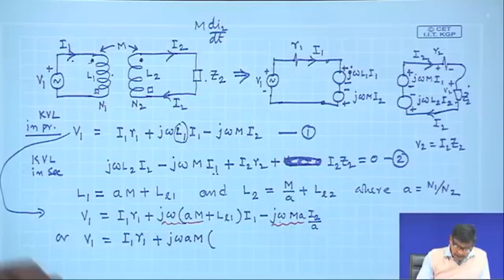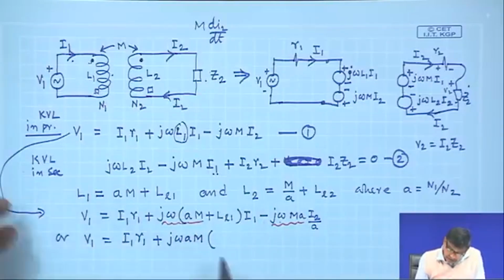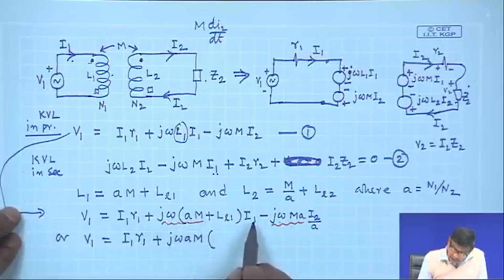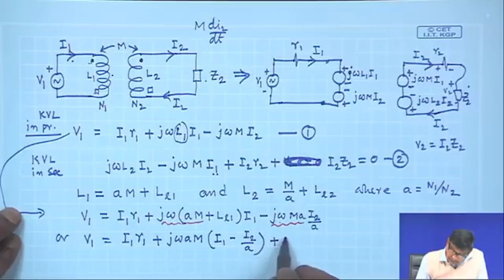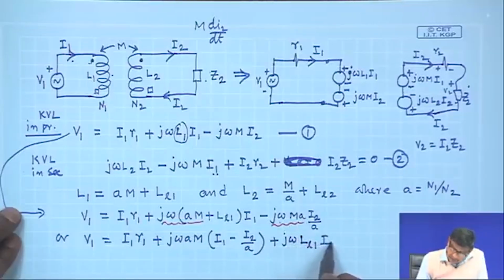So I can combine these two terms and write j omega A M into I 1 minus I 2 by A. This I can do, these two I can group, and then plus j omega L L 1 into I 1, is not? This is what it comes out.